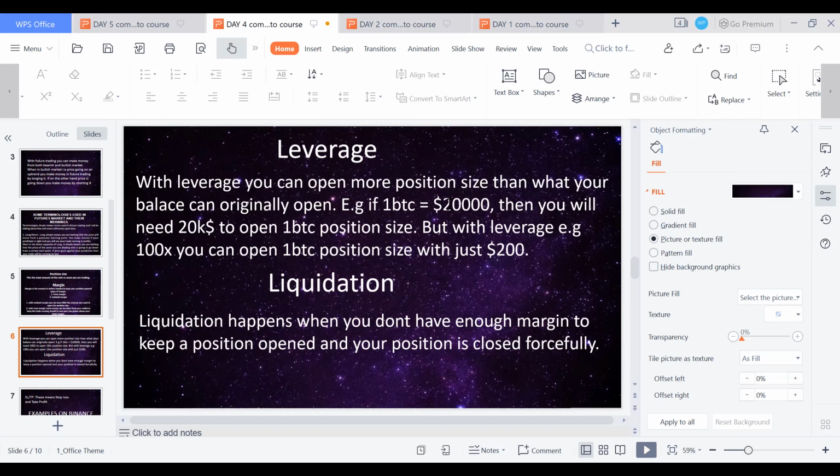Your balance originally is $200. You understand? Simple mathematics: if one Bitcoin is equal to $20,000, that means $200 is going to be 1 divided by 100, right? Yes, because $200 is 20,000 divided by 100. So your $200 should be able to open 0.01 BTC.